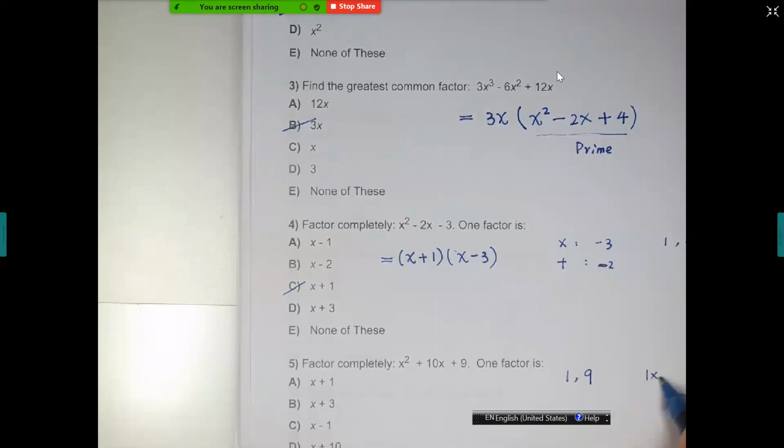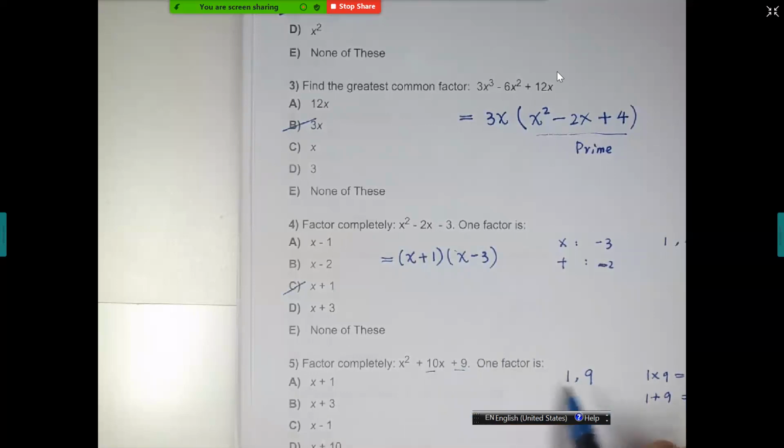1 times 9 is 9. 1 plus 9, that is 10. So those two numbers match the two coefficients right here. That means we have found the two numbers, 1 and 9.